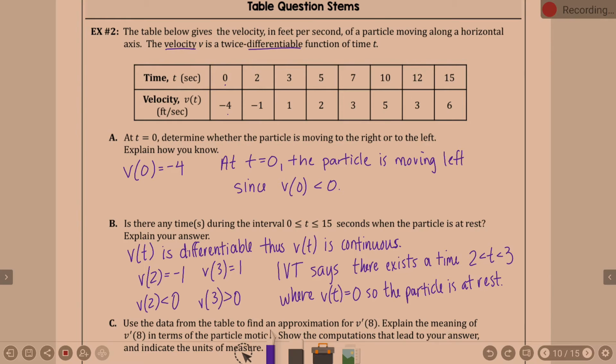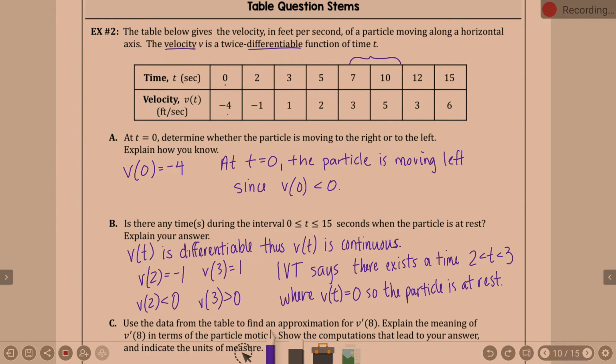But where does 8 fall? A time of 8 falls between 7 and 10, yes? So that's the best thing you can do there. We can essentially do an AROC, what's A stand for? Average. Average. Thank you. Okay. Not instantaneous rate of change, the other one.